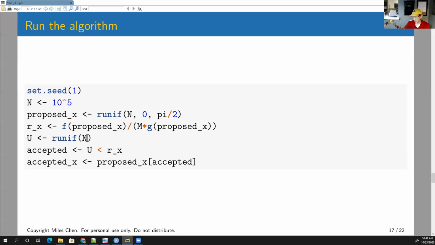And then I'm going to generate a bunch of values from the random uniform from 0 to 1. And if u comes in less than r of x, where r of x is basically the sine of the proposed x value, because f is the sine of x, if u comes in less than that, we will accept it.